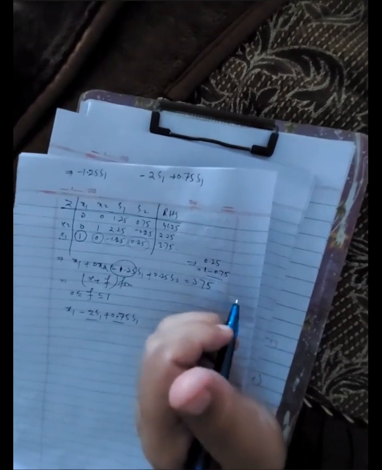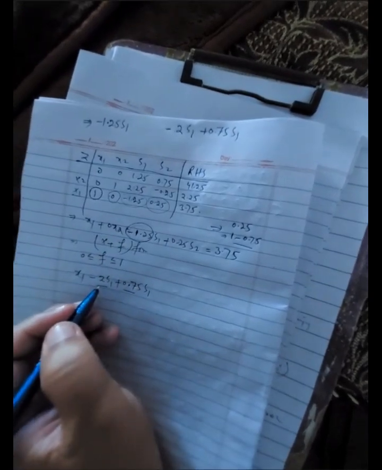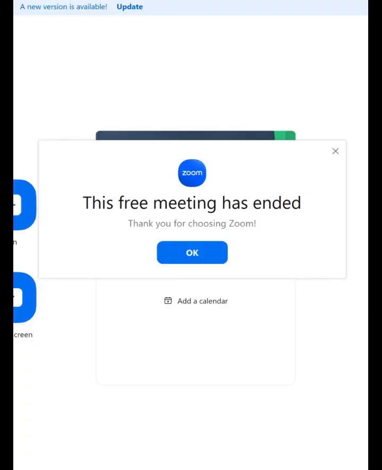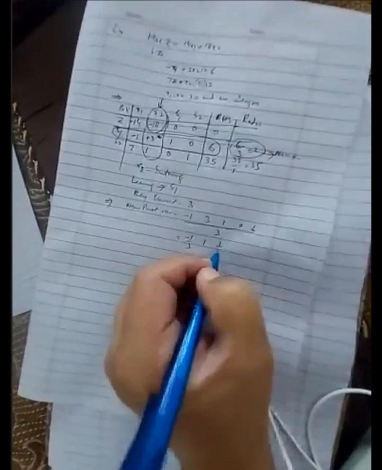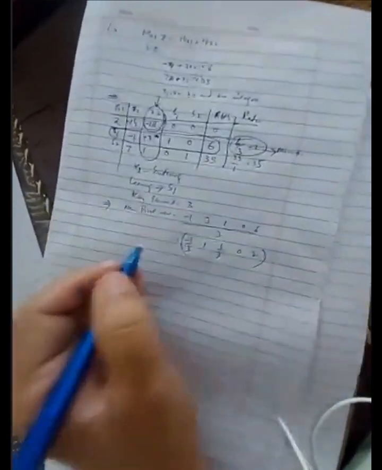Can we write it as 1 minus 0.75? Similarly, I wrote minus 1.25 as, yes, they are equal.